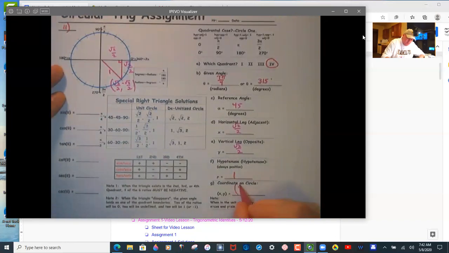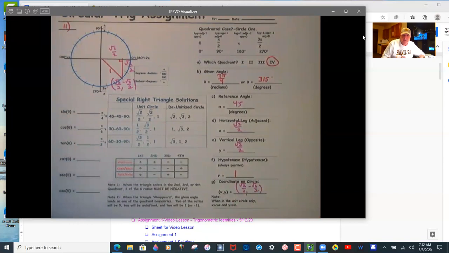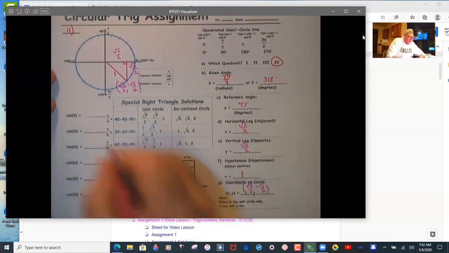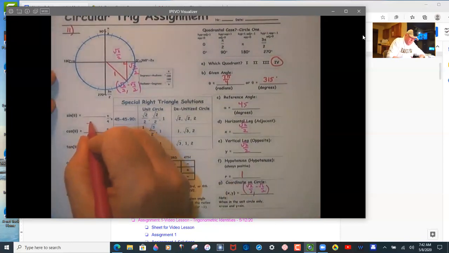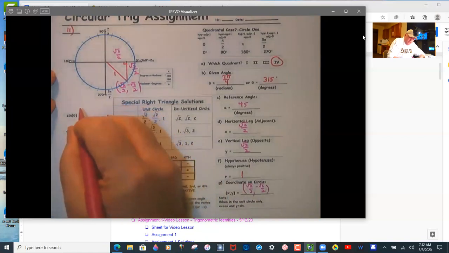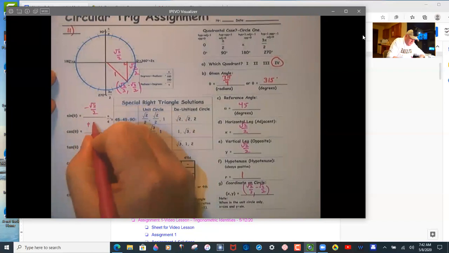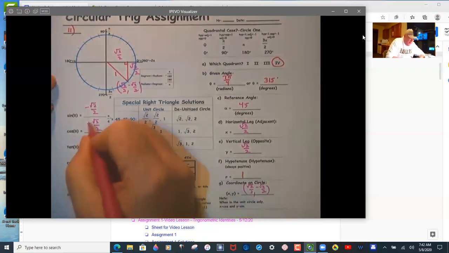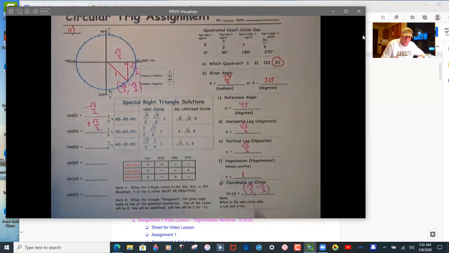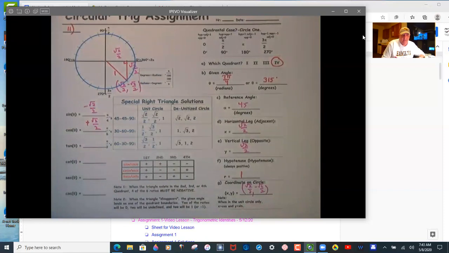So that's something also to know when you're in these quadrants, the plus and minus signs, getting those correct. So the cosine is positive square root of 2 over 2, the x value. Make sure you double check that in getting them transferred there, that you don't mess up.